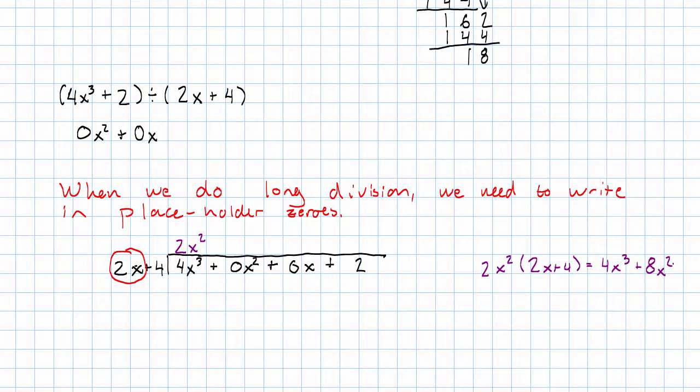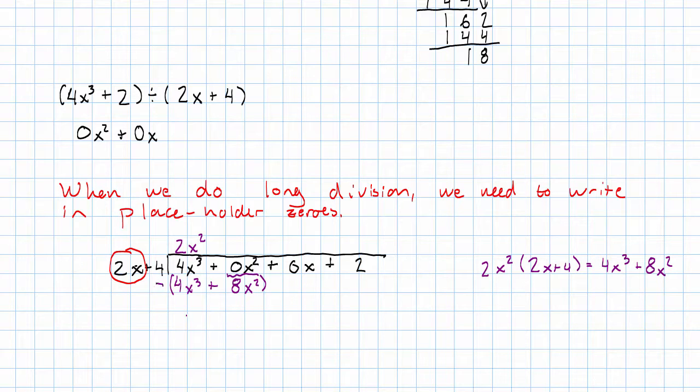And notice we now have somewhere to write our 8x squared. If we didn't have that 0 placeholder, there would be no like term to write the 8x squared underneath.